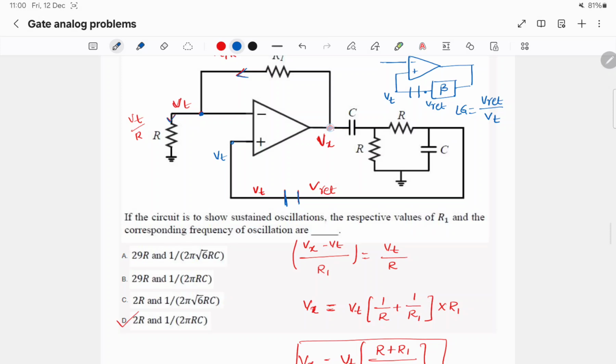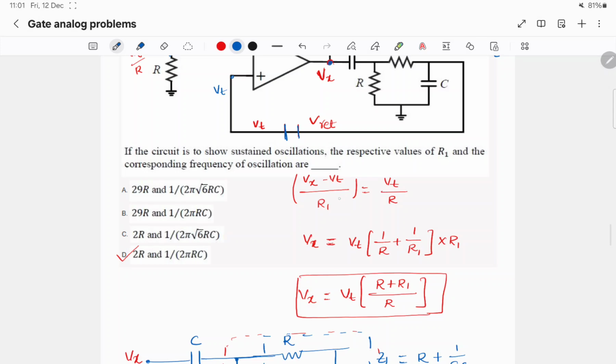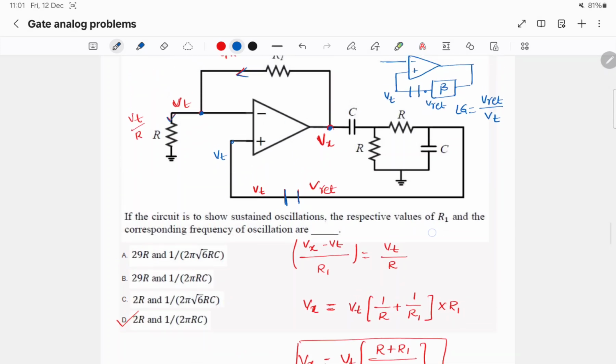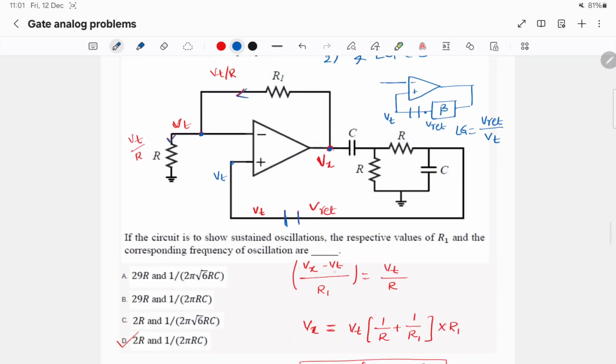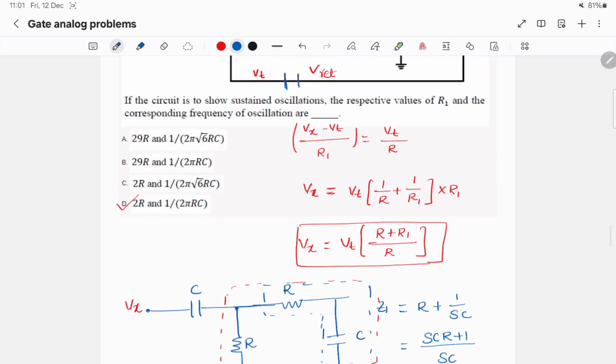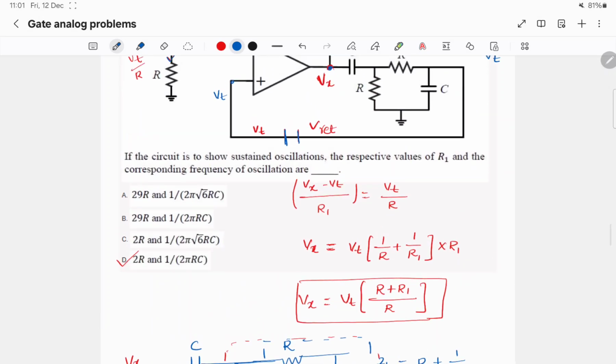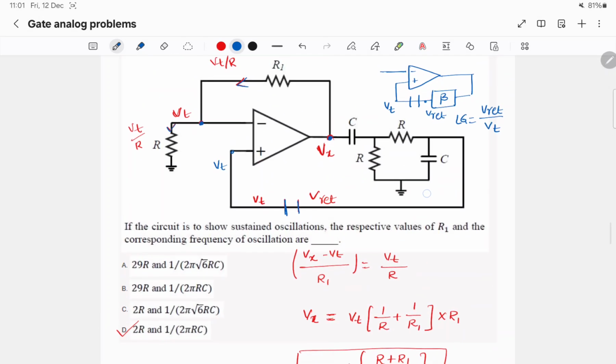So the node potential Vx is determined from this equation. The current flowing is Vx minus Vt by R1, which is Vt by R. So if I take Vt terms to one side, Vx is equal to Vt into R plus R1 by R. So I have Vx potential here.